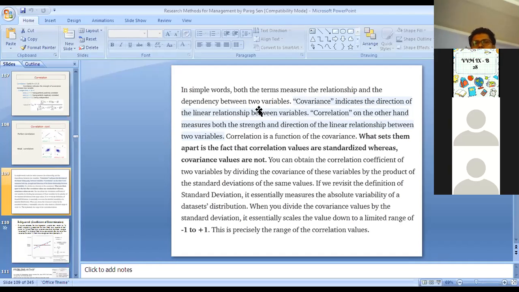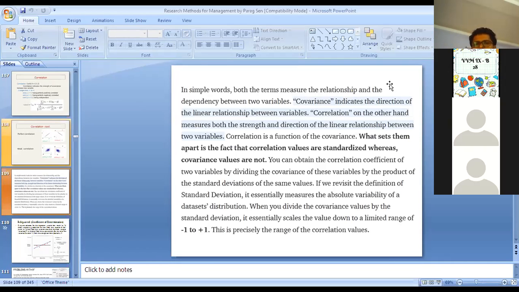Covariance will only tell you the direction, but it will not tell you the strength of the relationship, that means how closely they are related to each other, in which degree they change. The strength of the relationship will not be determined by the covariance.